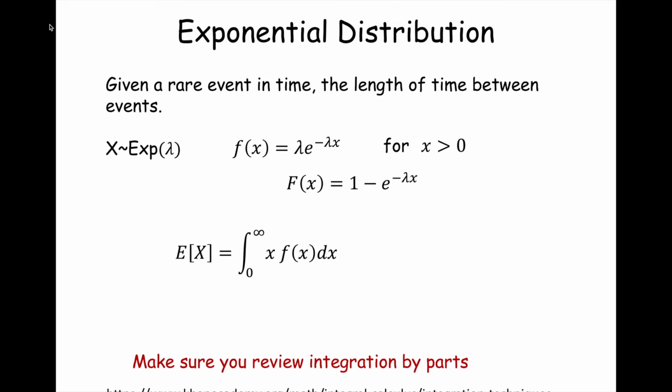So you choose your f of x term, and then you choose your g prime of x term, and then the third step is you calculate what f prime of x is once you choose your f of x term, and then you calculate what your g of x is by taking the integral of your g prime term that you've chosen.